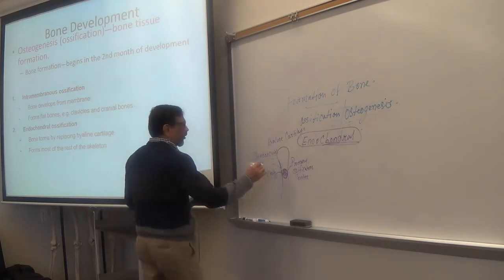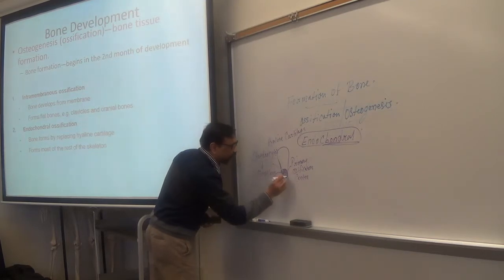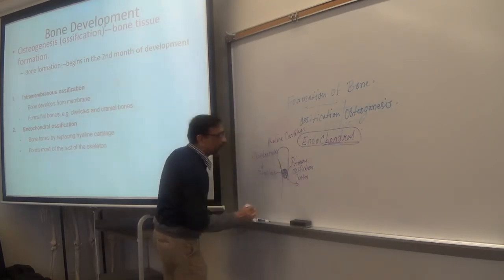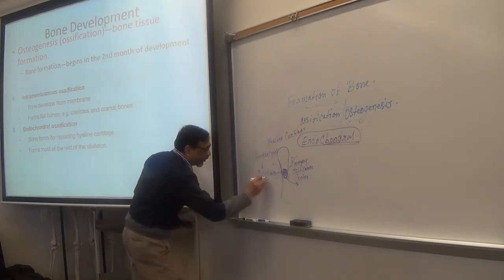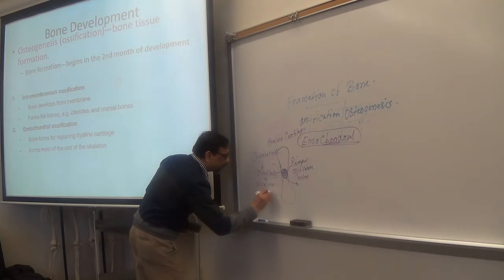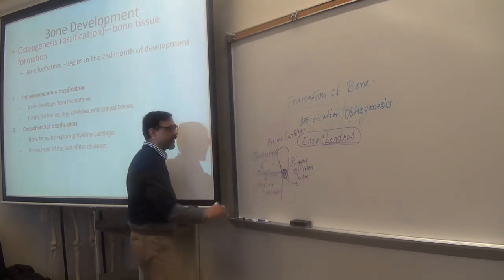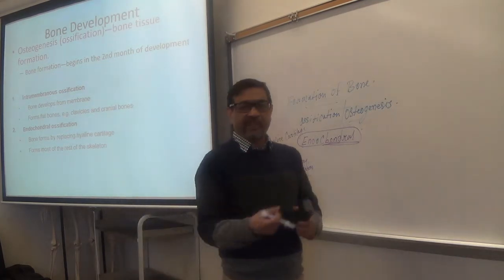These osteoblasts will do what? Will secrete a chemical that is called alkaline phosphatase. So osteoblasts secrete alkaline phosphatase, and that helps in calcium deposition.